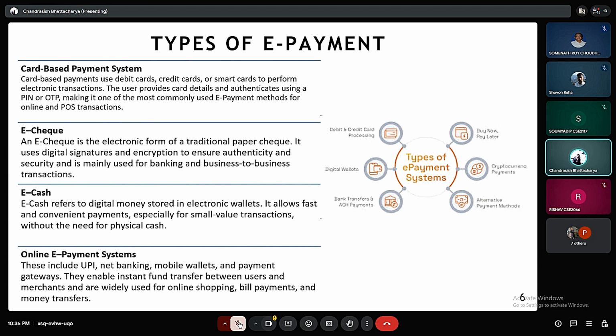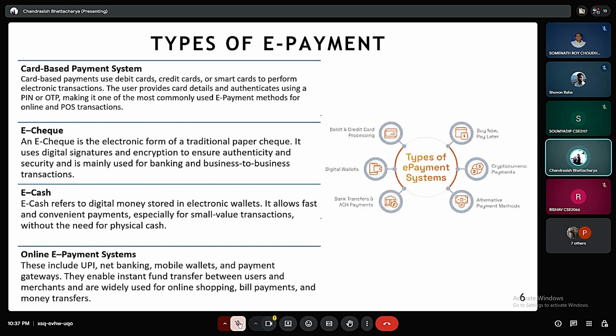Firstly, the card-based payment systems. Card-based payments use debit cards, credit cards, or some other kinds of cards that perform electronic transfers. The user provides the card details and authenticates using PIN or OTP, making it one of the most commonly used e-payment methods for online and POS transactions.